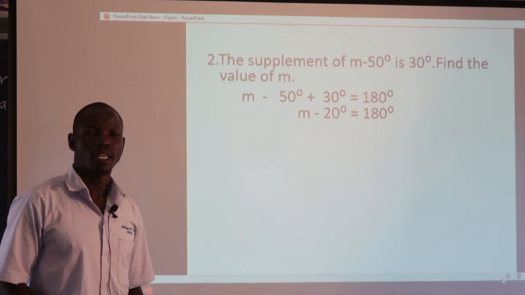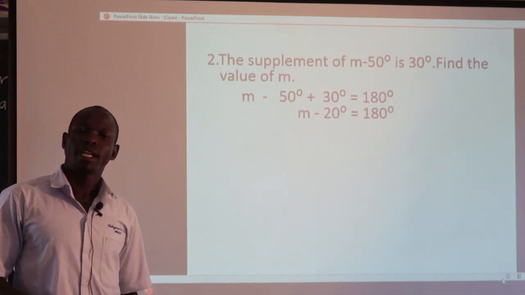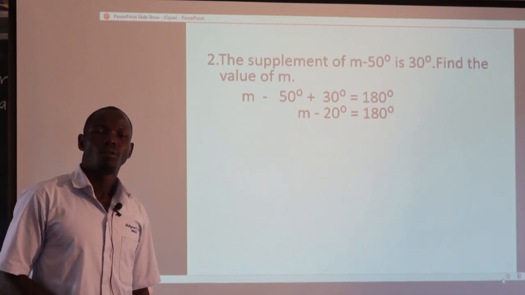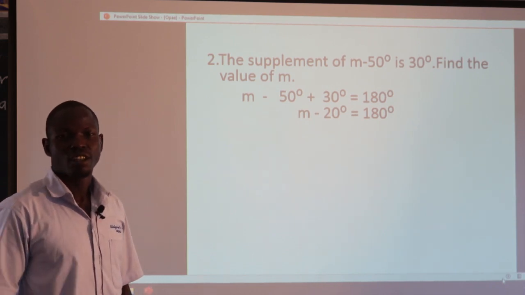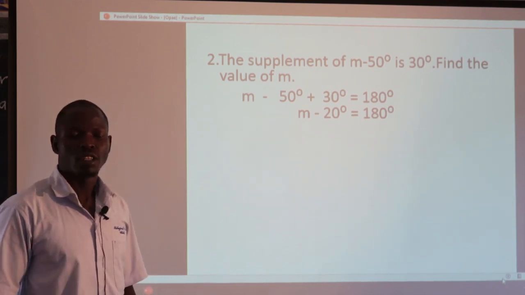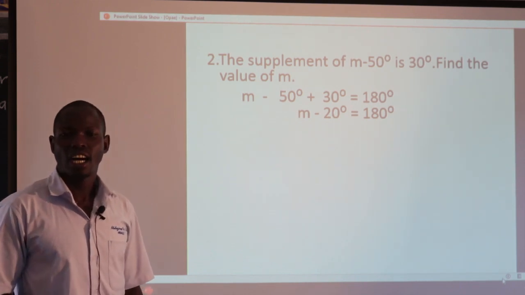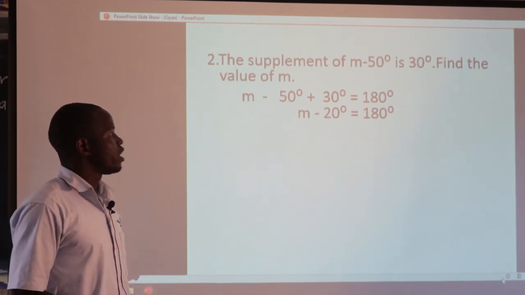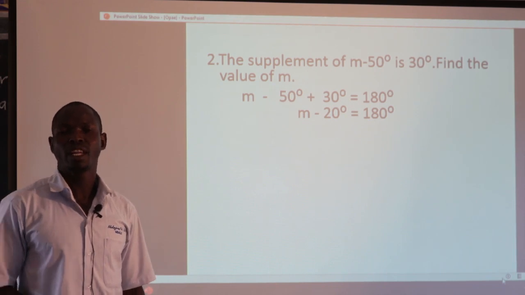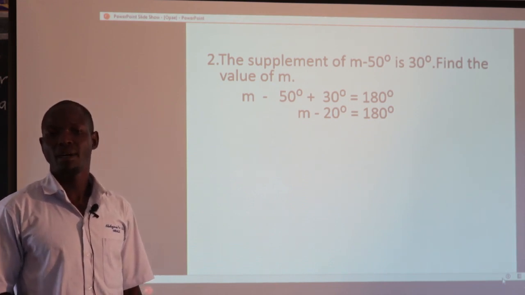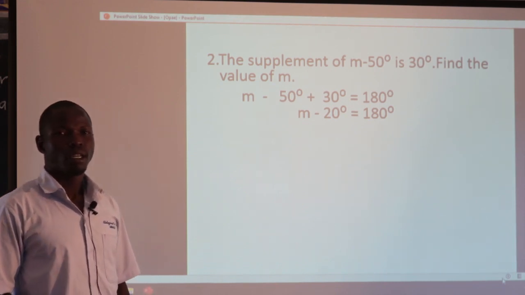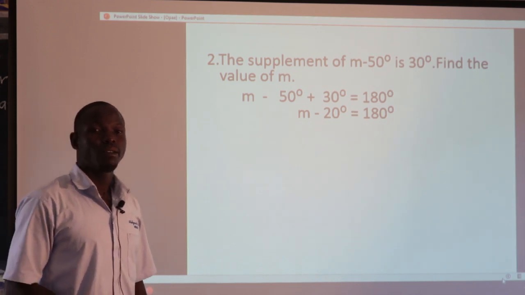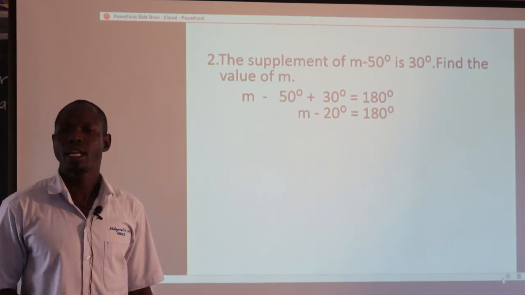When signs are different, we are supposed to write the sign which belongs to the larger number. So 50 degrees and 30 degrees, by common sense, we realize 50 is a bigger number. So we shall write a negative, since the negative is on the bigger number.